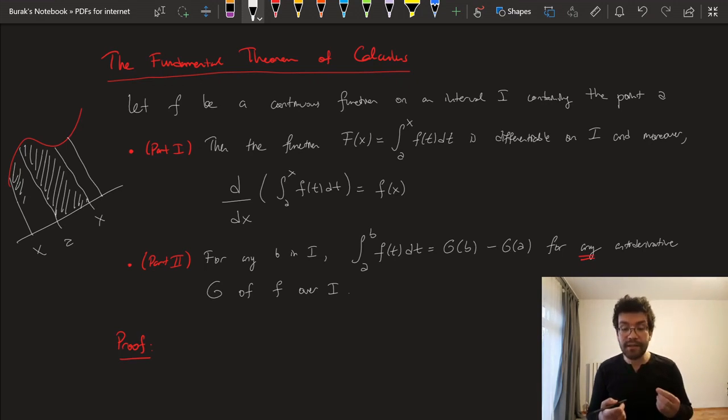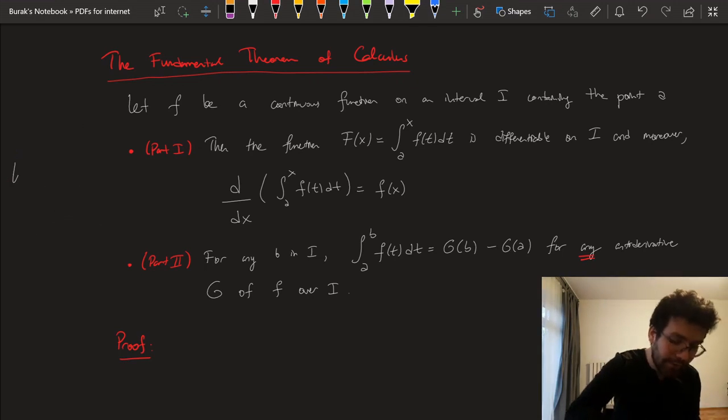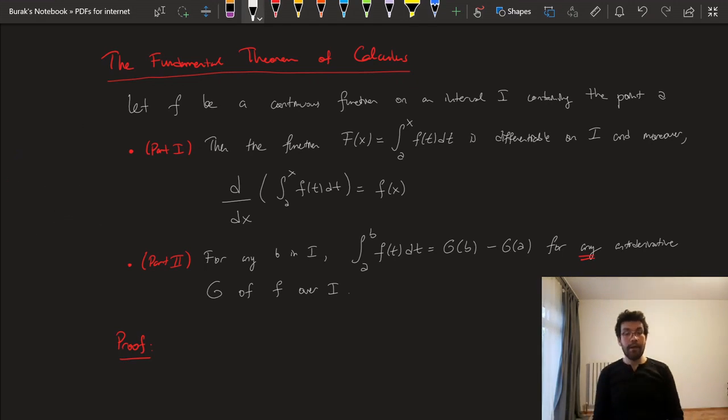And not only is it differentiable on I, it's actually an antiderivative for little f, meaning that its derivative is little f. Okay? So this is the first part of the fundamental theorem of calculus. Take a continuous function, fix a point.